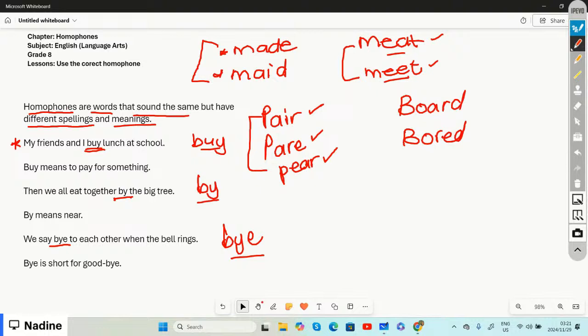If we look at the first word, board, this is like a piece of wood that you can do something on. And the second word, bored, is where you are not interested in something. It's like I'm tired, I'm not interested. You're not even listening.